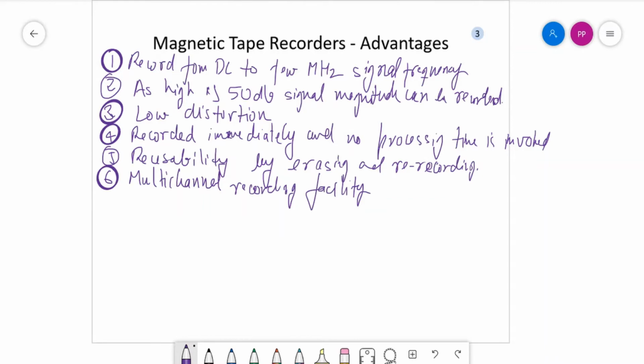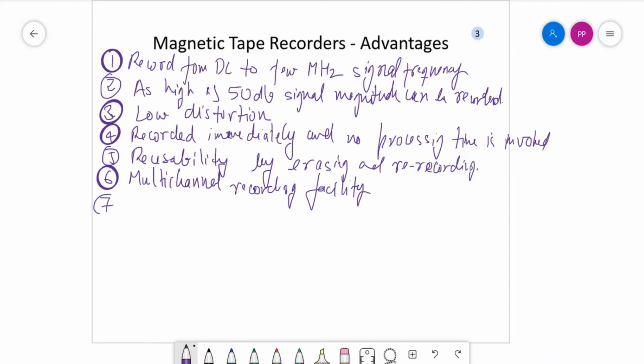And another very important advantage of the tape recording system is that magnetic tape recorders provide a convenient method of changing the time base, because when you are recording certain data and you want to replay it at a different speed. Many times you have seen in movies that the film is shown going past very fast. That is done by changing the time base.